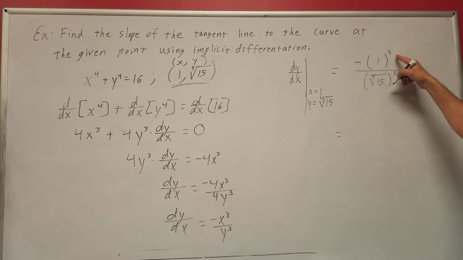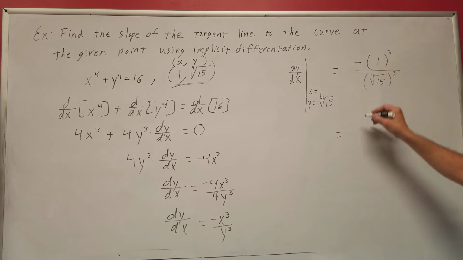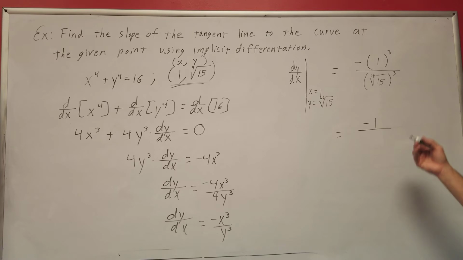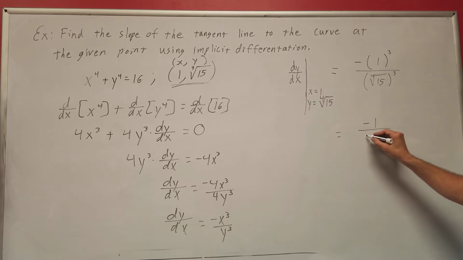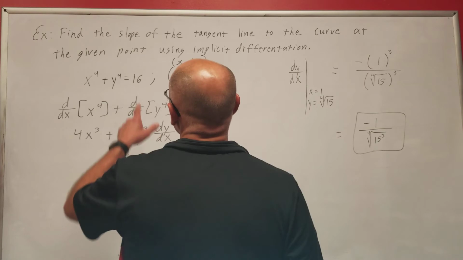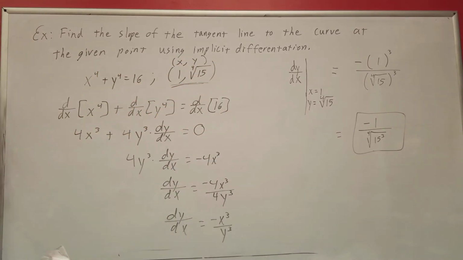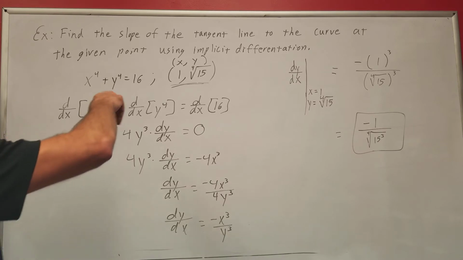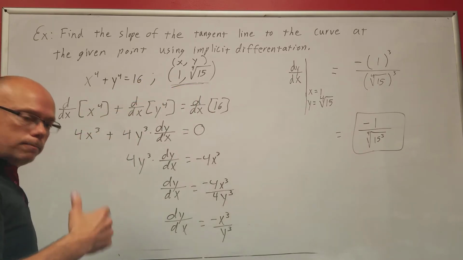So what is that? 1 cubed is 1 times the negative is negative 1 over, now I could keep it this way, I guess, or I could even write it as the fourth root of 15 cubed like that. And that'll be the slope of the tangent line to this curve at this particular point. So really the only new thing with this problem was just plugging in a y as well.